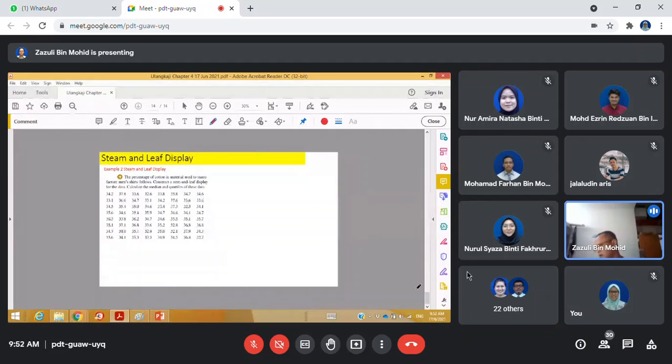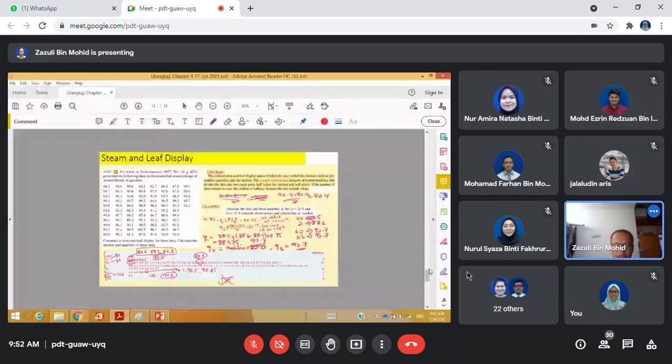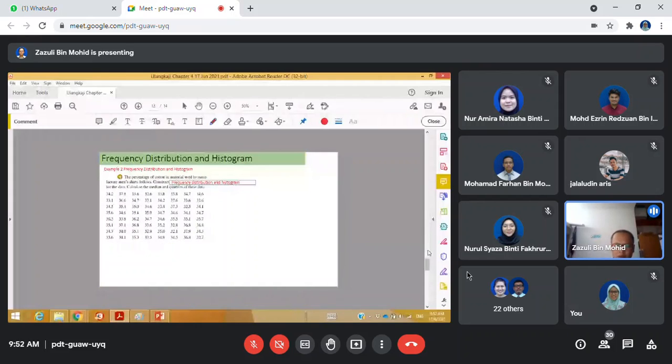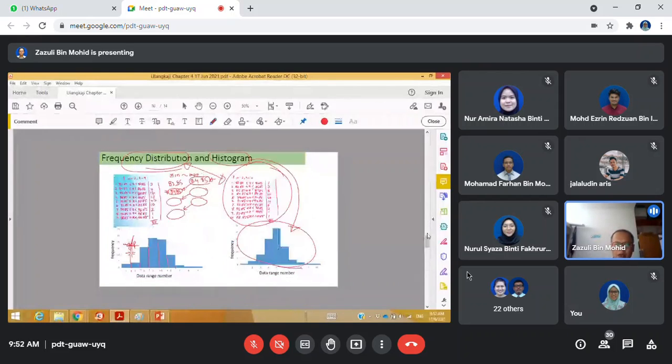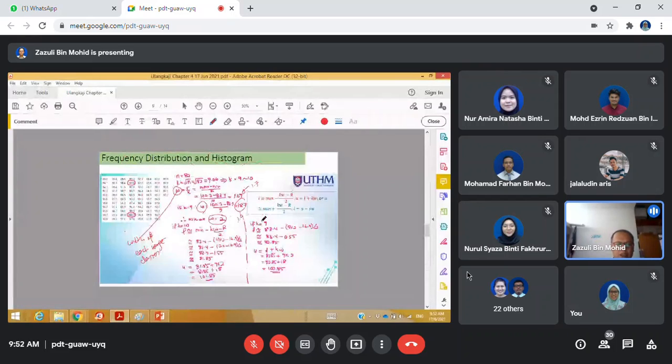That's why you have a mistake in the histogram. How to write the histogram? Some of you just write down the histogram without calculating the most important values. When you are given the data, you firstly need to calculate the range, and you have to calculate the lowers and uppers.